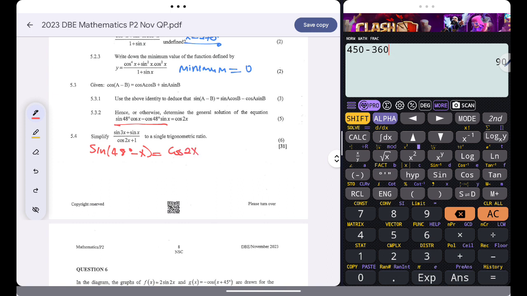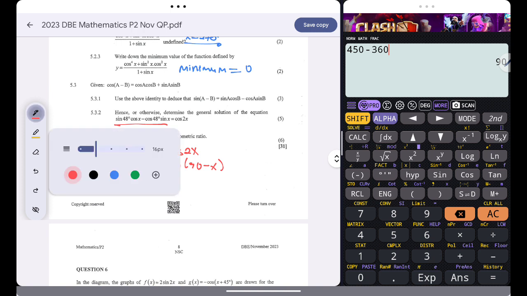Altogether, if I want to find the general solution, I can change this thing to the sine of 90 minus x. Now the trig ratios are the same. I can only express my angles where sine is positive.